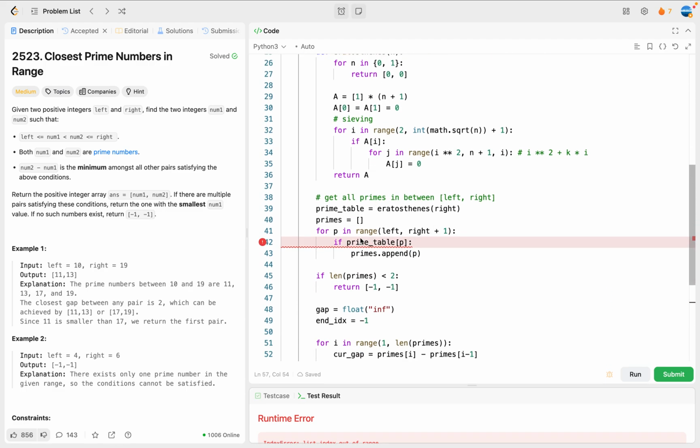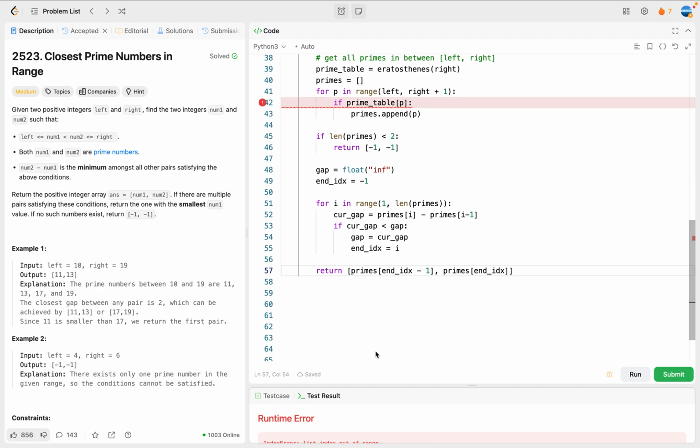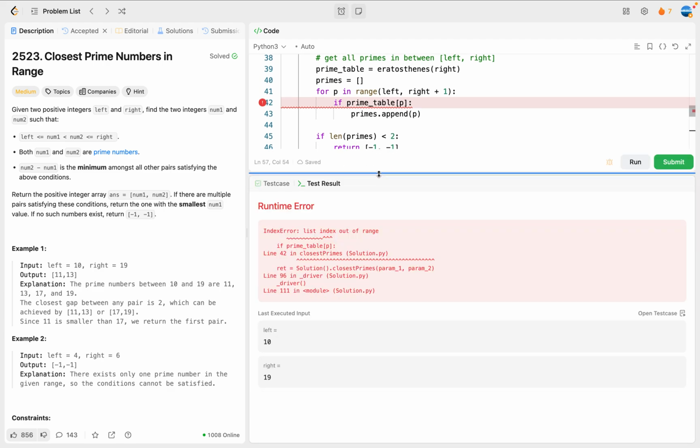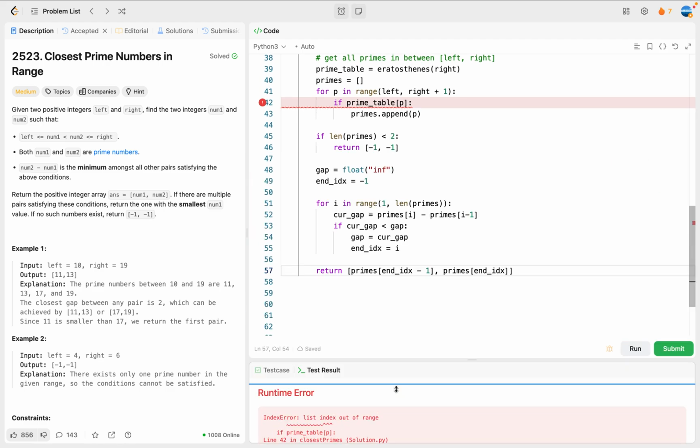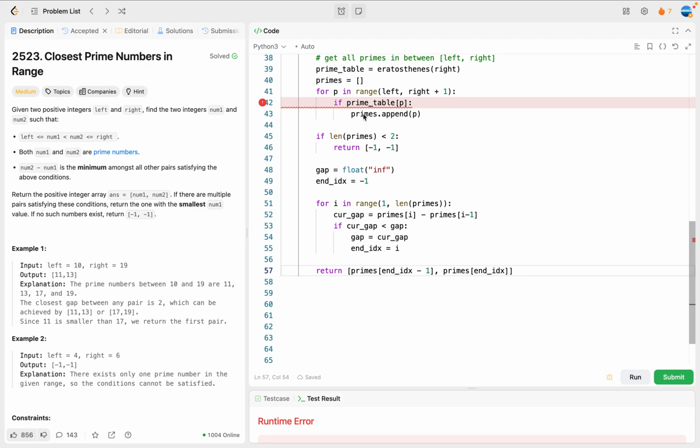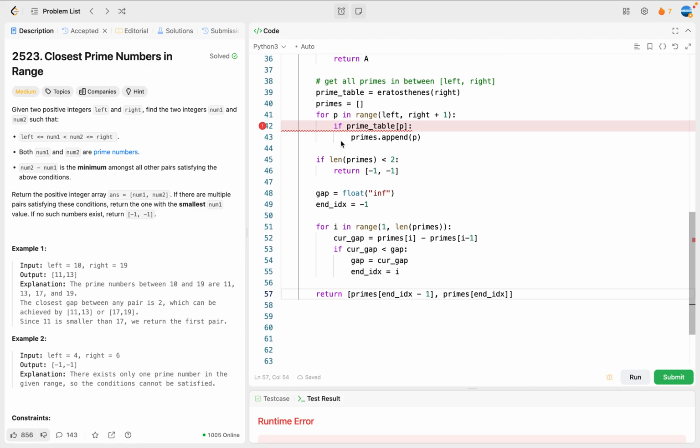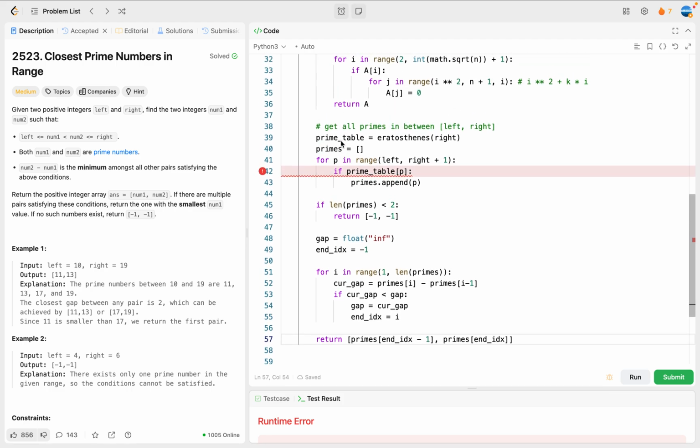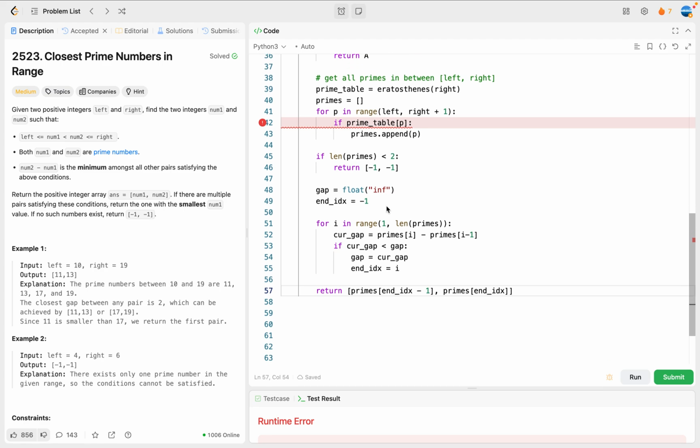Then for p in left and the index plus 1, then if prime table, let me see. Let's see. We're going to append p if this length, primes append this.